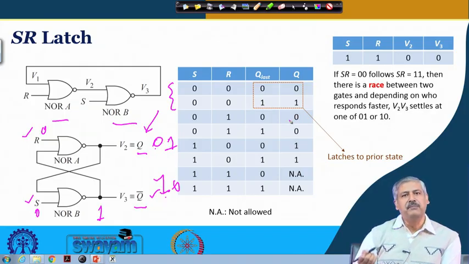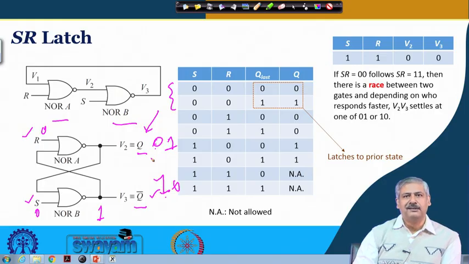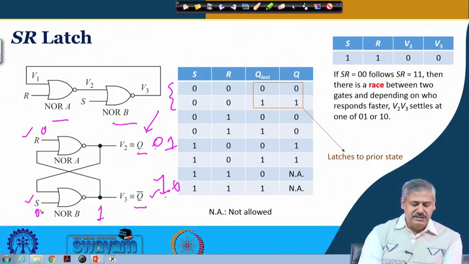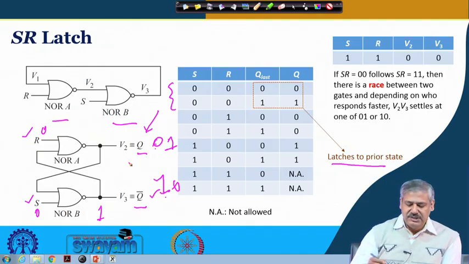So, whatever had made the previous value 0 or 1, that will be continued with when these two are 0. So, the prior value of Q, it is latched into, okay. This prior value of Q is latched into, right. Is it okay? So, this is what we see when 0 0 is present.